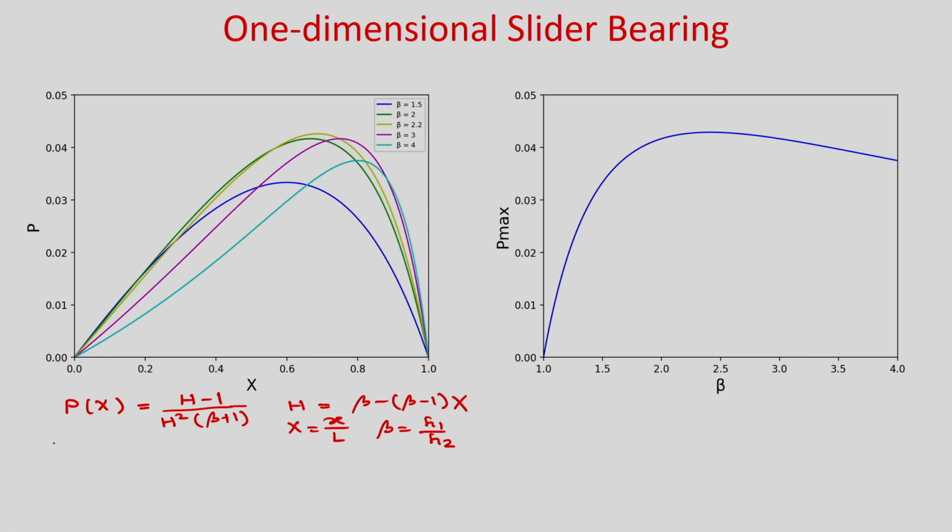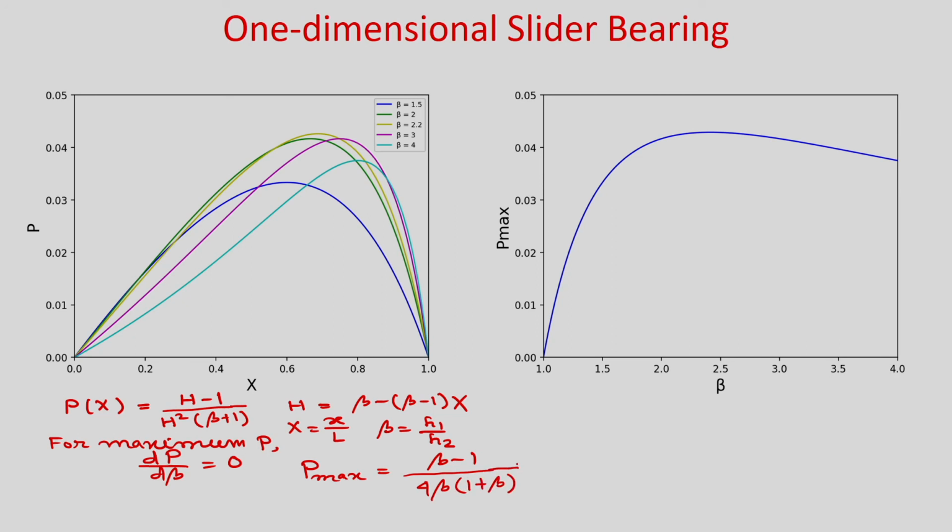So, we can write for maximum, dP by d beta is equal to 0, and you can see that this P max from here you will get as (beta minus 1) divided by 4 beta into (1 plus beta).